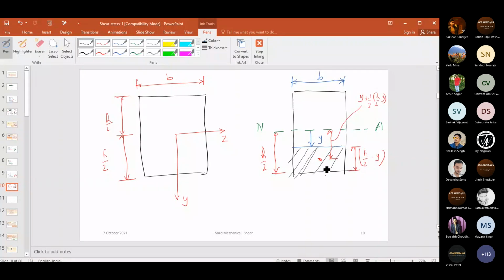So the distance of this area's CG from the neutral axis is y plus half of h by 2 minus y. Now let us consider the first moment of area, which we will calculate.